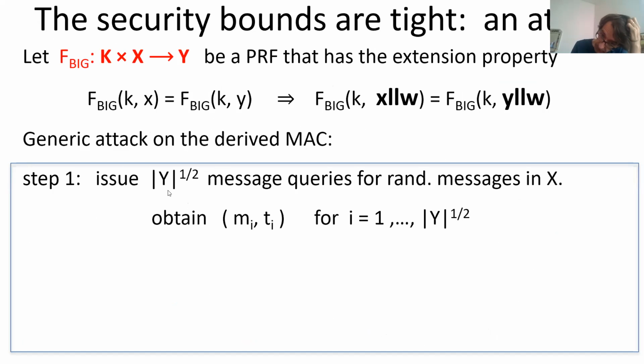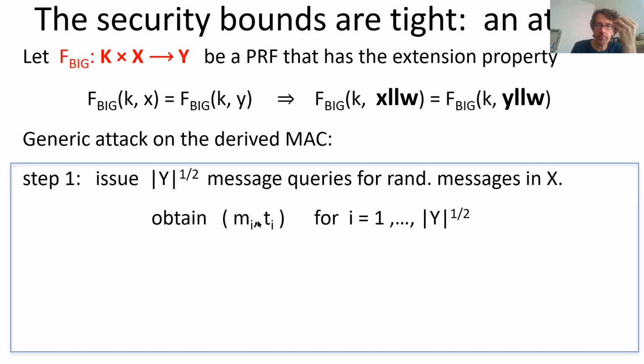Let's say in general I denote the output range of this big PRF with capital Y. It is X in the case of CBC MAC, and it's K in the case of NMAC, but in general it's just some capital Y. So I sample so many messages and ask for them to be MAC'd, so this PRF executes on so many different MIs.